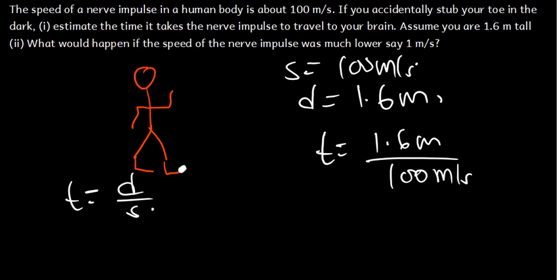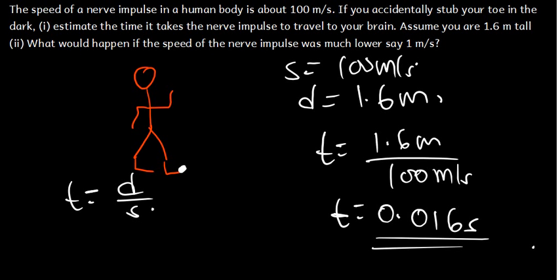So meters and meters will cancel, therefore we will remain with seconds. So we can say that 1.6 divided by 100 is 0.016 seconds. So this was the time it took for the nerve impulse to travel to the brain. So this is the answer for part 1.